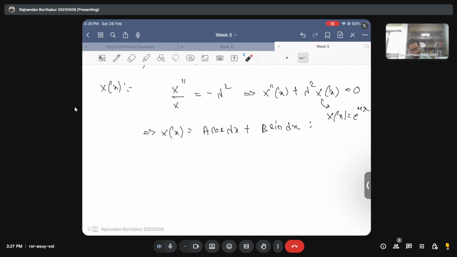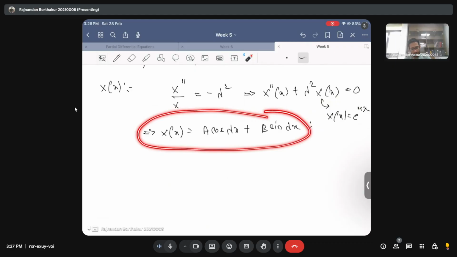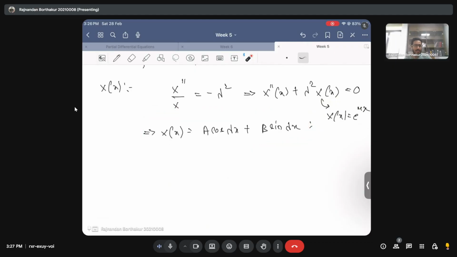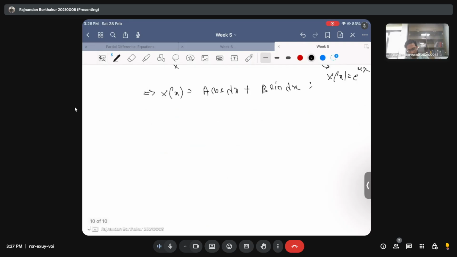And indeed, you can see that the solutions along x are periodic, where now we need to find these constants a and b by invoking the boundary conditions, okay? So let's have a look. So what do we have?